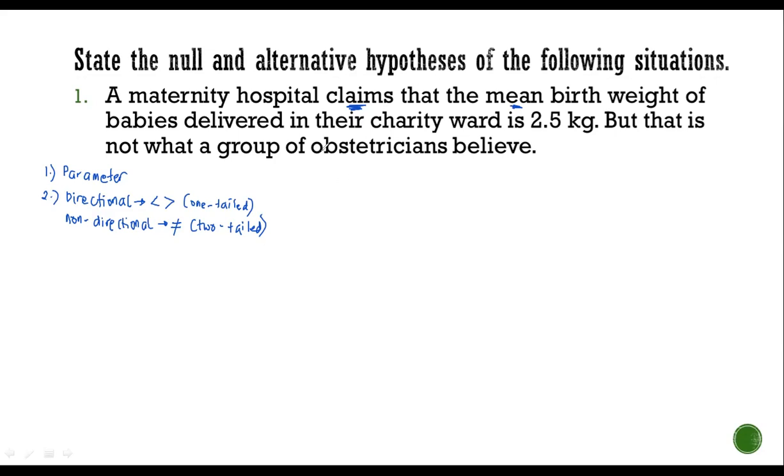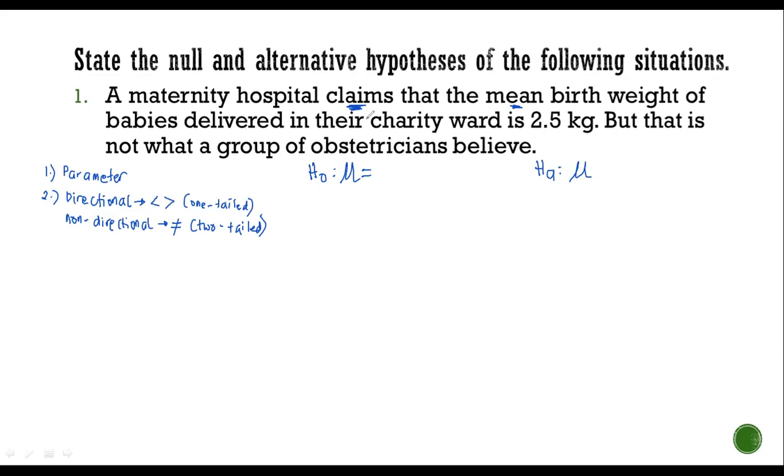Mu. Okay? So we will write here your null hypothesis and on the other side, your alternative hypothesis. We will utilize mu or P. Mu, kasi mean. Sabi natin, null hypothesis is always equal to a particular value.